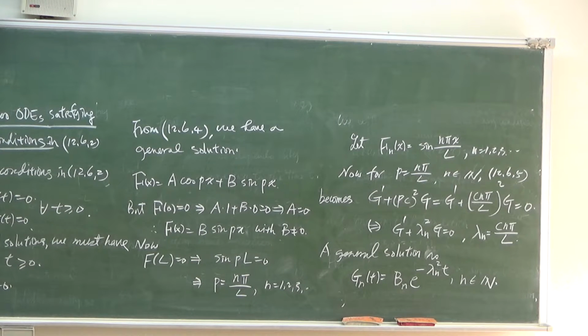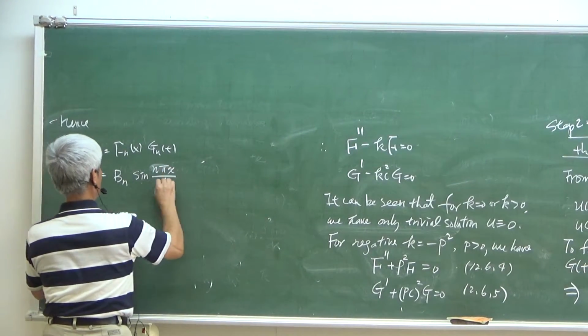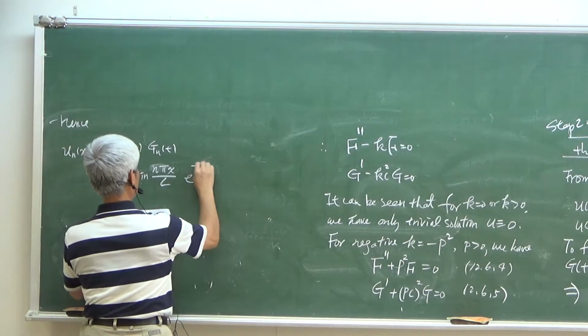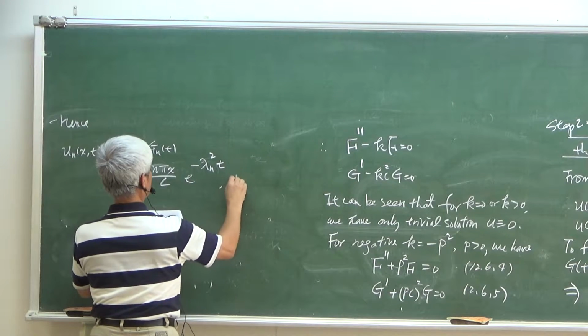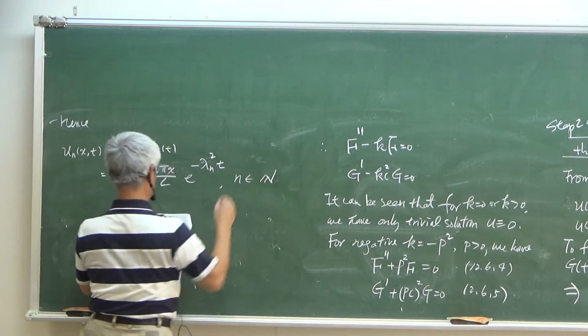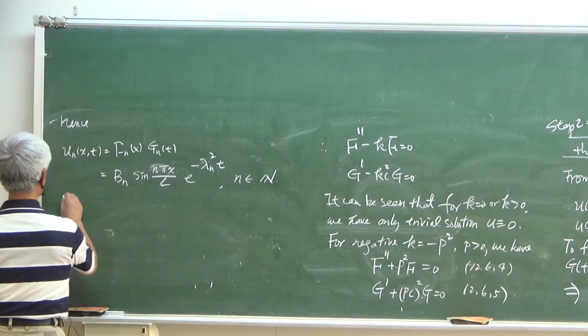So hence, un of x,t equals fn of x times gn of t, okay, it's bn sine n pi x divided by L exponential minus lambda n squared t for n in the set of all positive integers.